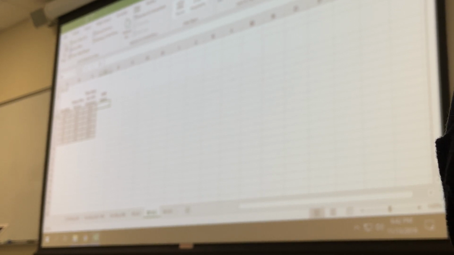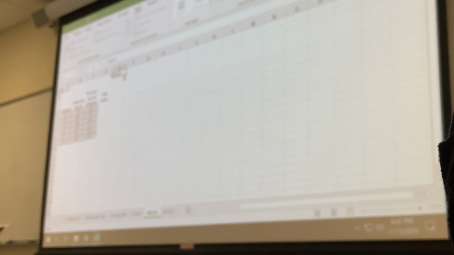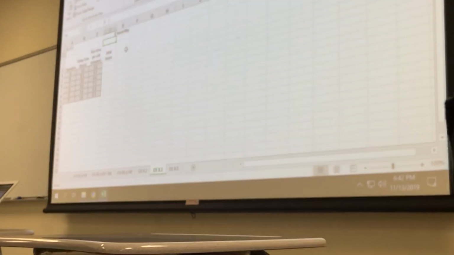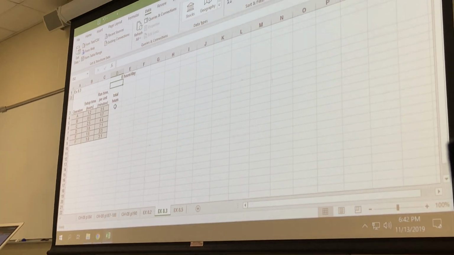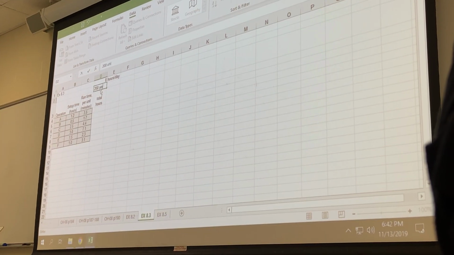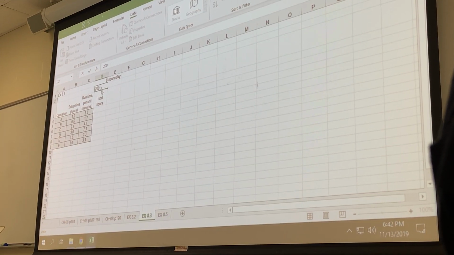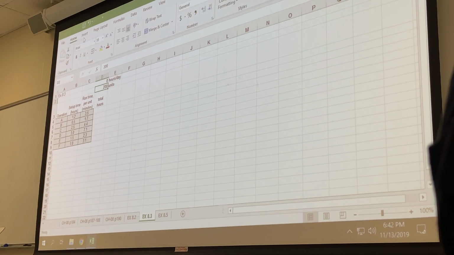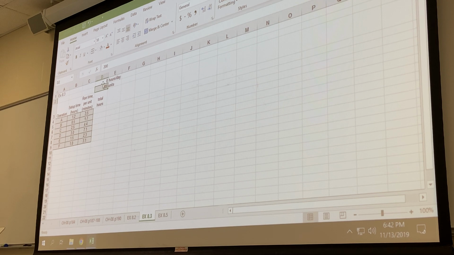So this is one product. The productive time is 8 hours a day. And so I'm gonna get total hours, and it was 200 units. So this is given information as well. And that was 2.